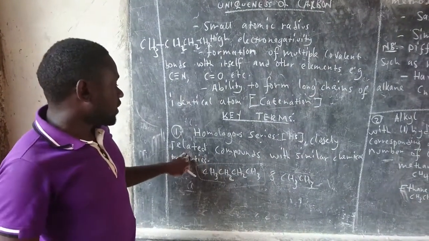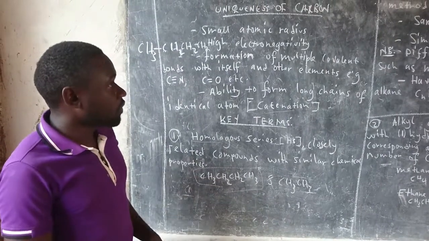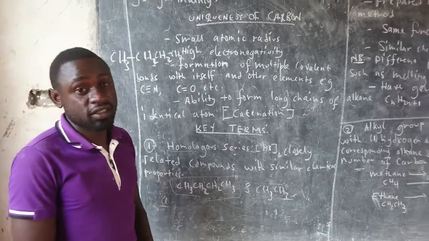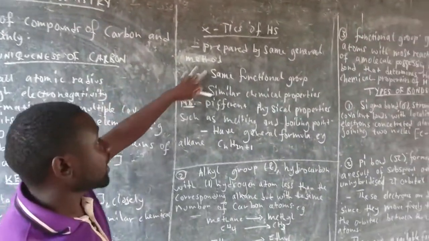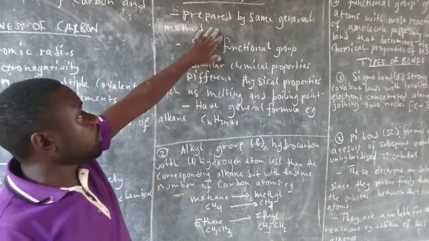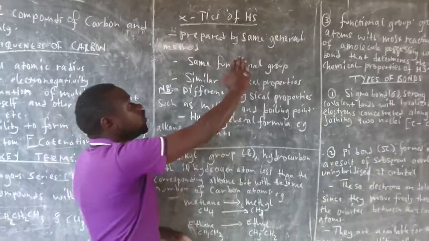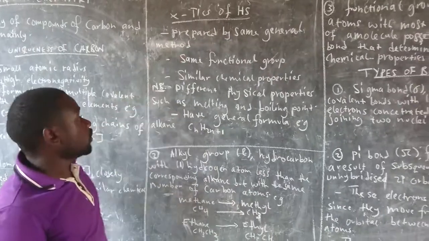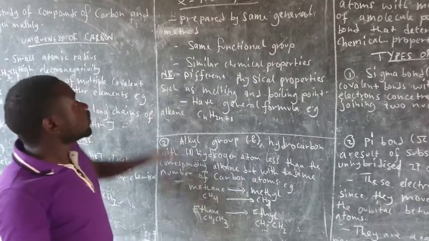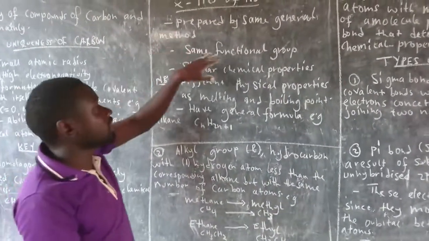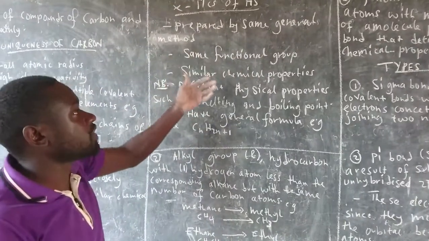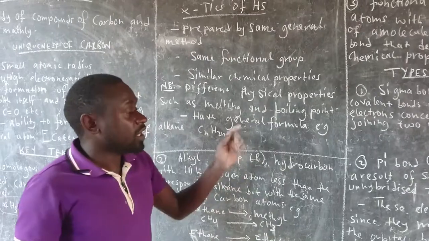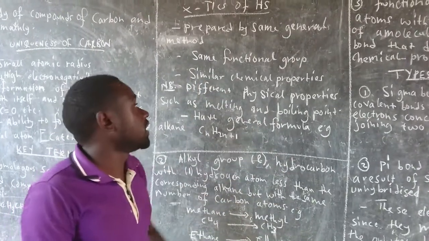If they have similar chemical properties, what makes them have similar chemical properties? Due to these characteristics: when you are preparing them, you use the same general method. You will not use any other method. For example, when you are preparing methane, you will not use another method; it will be the same as when you are preparing ethane.